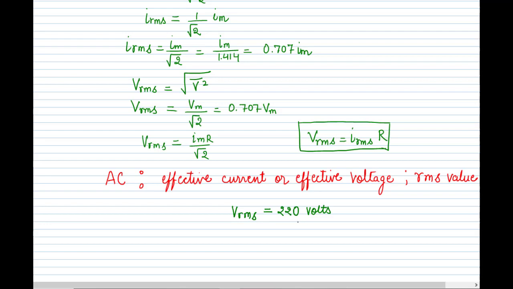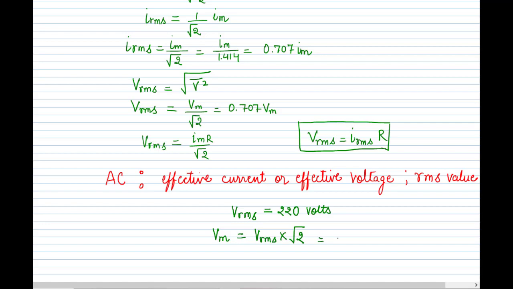always 220 volts. From this you can calculate the maximum voltage we can get, because Vrms is equal to Vm upon root 2. So if you want to calculate Vm, you multiply by root 2. The maximum voltage is the root mean square value multiplied by root 2, because maximum voltage is always higher than the root mean square value.